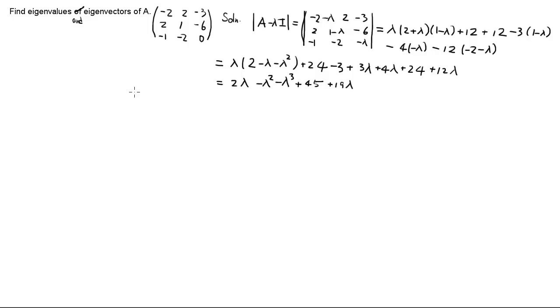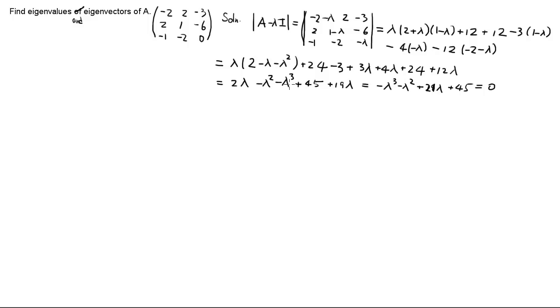But that's not all. We put the terms over here according to their degree of lambda. And then this is now 21. So we can change this one to 21 now, and then plus 45 is equal to 0.